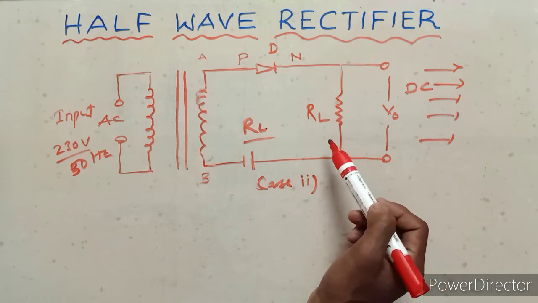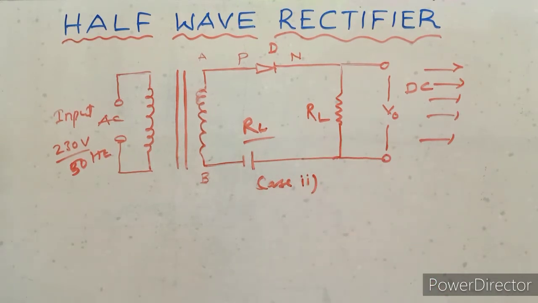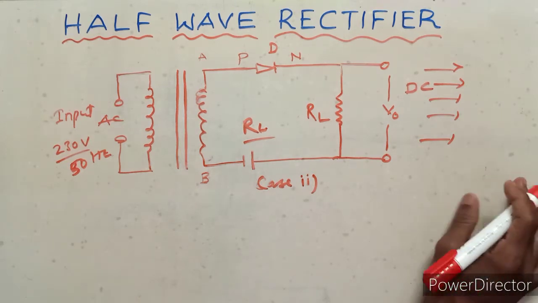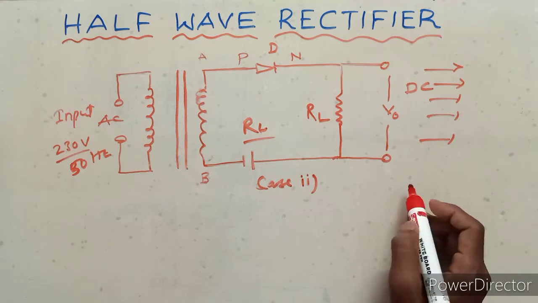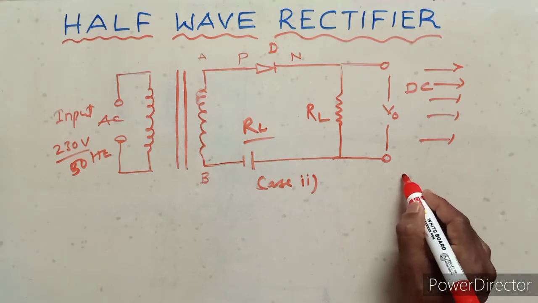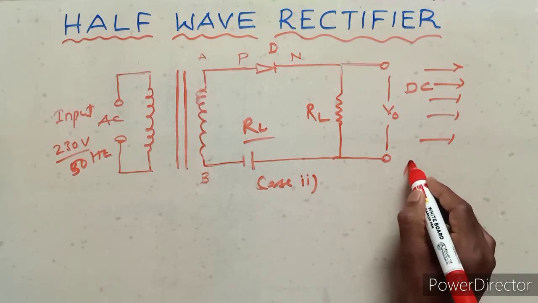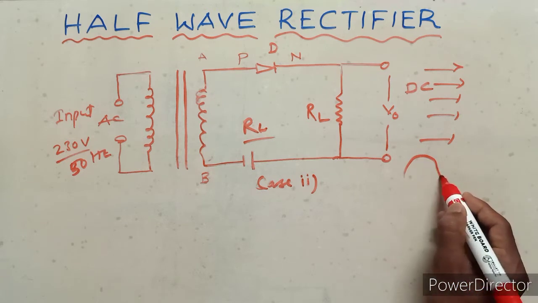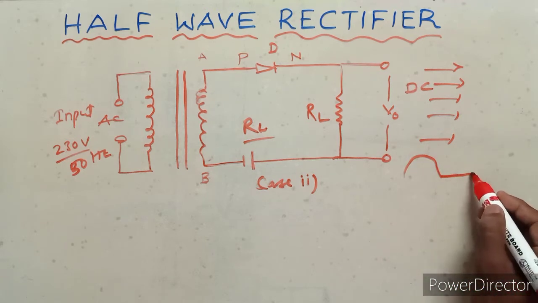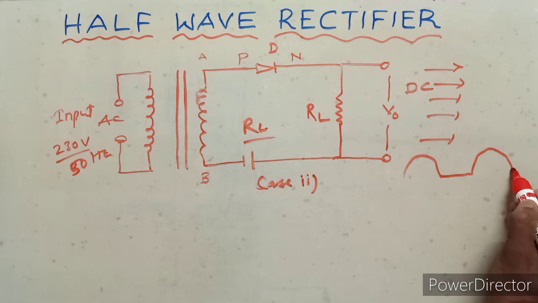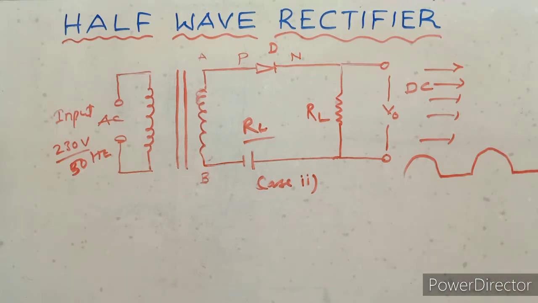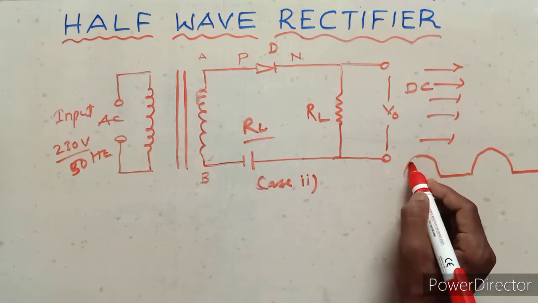Current will not flow in the total circuit. So in the two cases, first case is the current flows. Second case is the current will not flow. So this is the off wave.